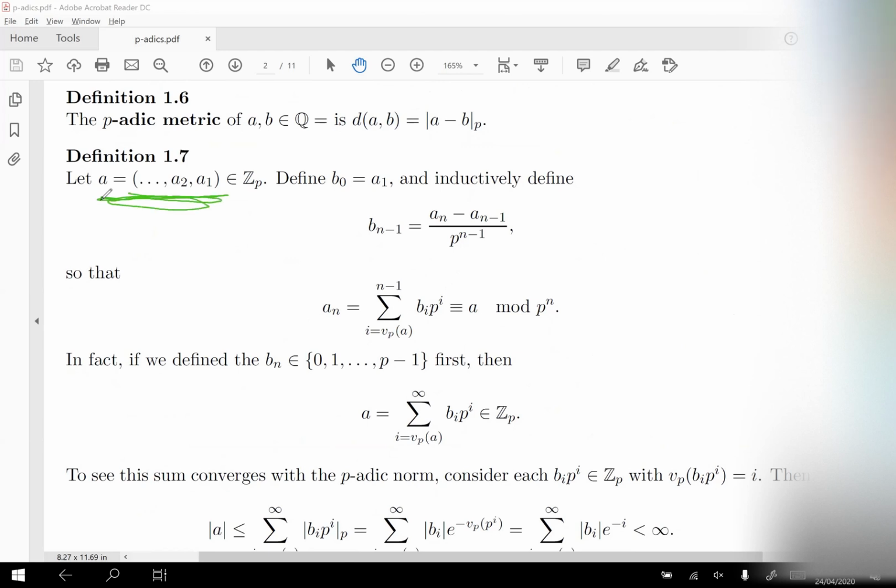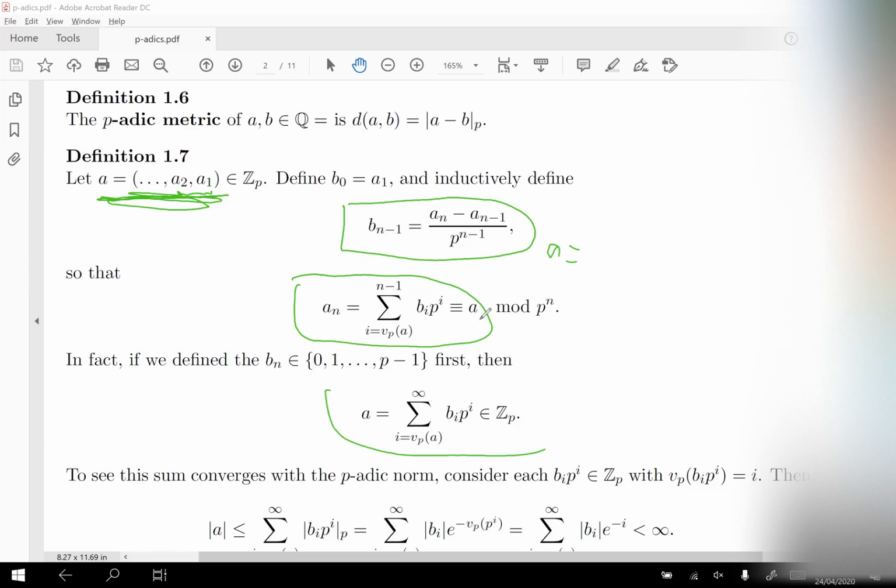This is the inverse limit thing. And then we can define these numbers b_i, and then we can add them up. So we get our original number a as the sum of these things: some coefficient b_0, plus b_1 times p, plus b_2 p squared, plus so on and so forth.